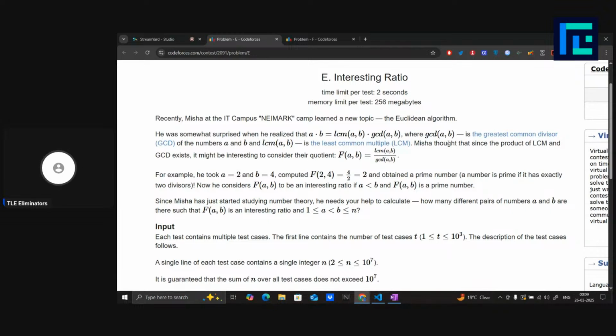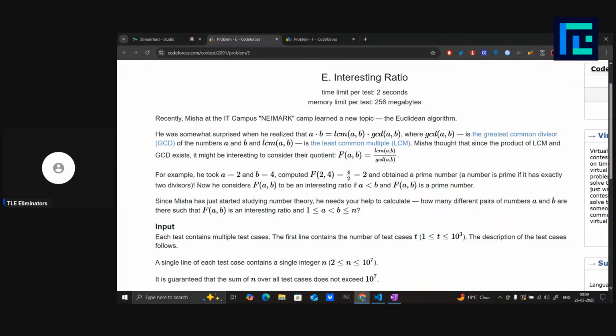Misha thought that since the product of LCM and GCD exists, it might be interesting to consider the quotient LCM upon GCD. For example, he took A equal to 2 and B equal to 4, and he computed f of 2 comma 4, which is 4 by 2, which is 2, and obtained a prime number.